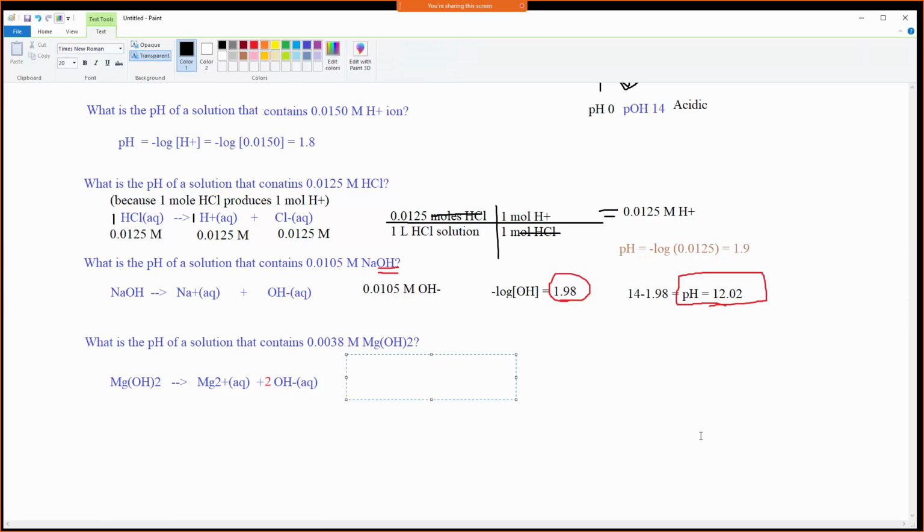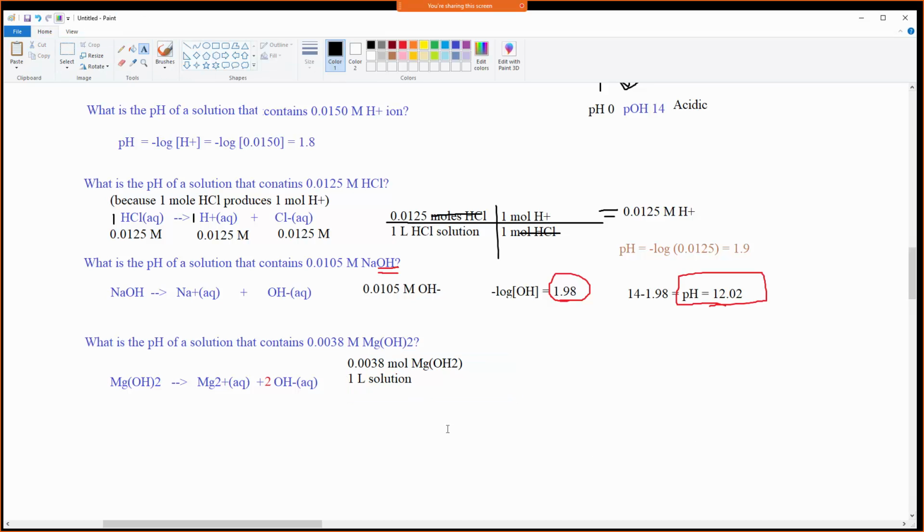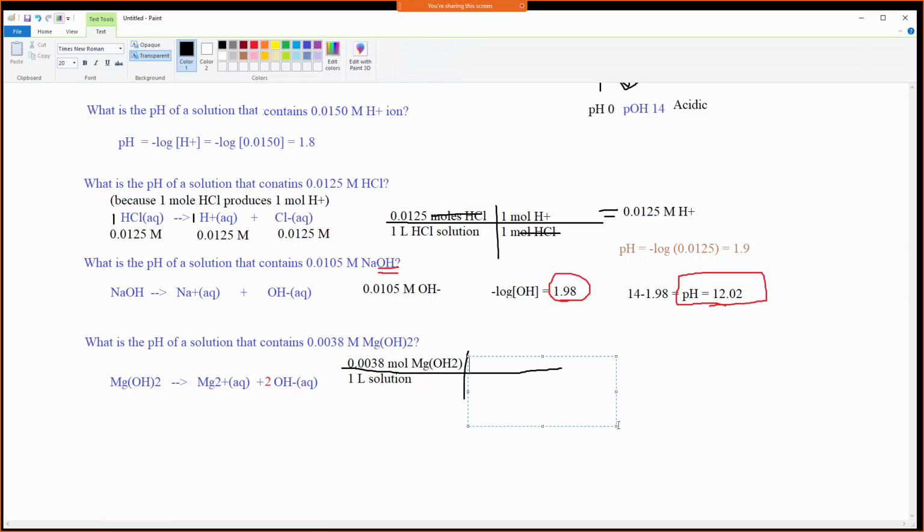Oh, it's really easy. Yeah, you're just going to multiply by 2. You got it. We're just going to say, I've got 2 moles of hydroxide in every 1 mole of Mg(OH)2.